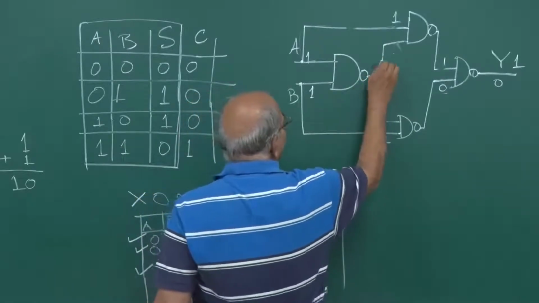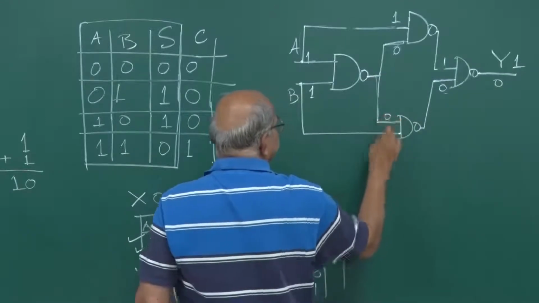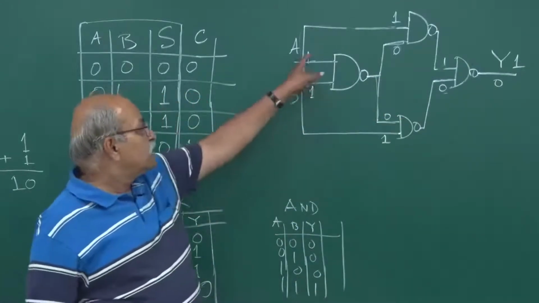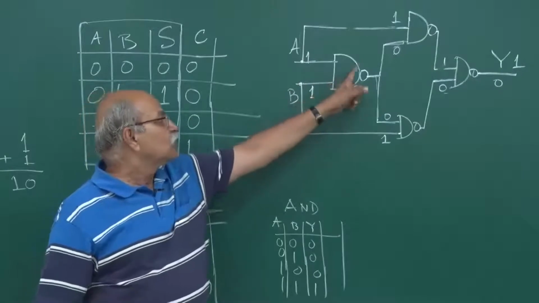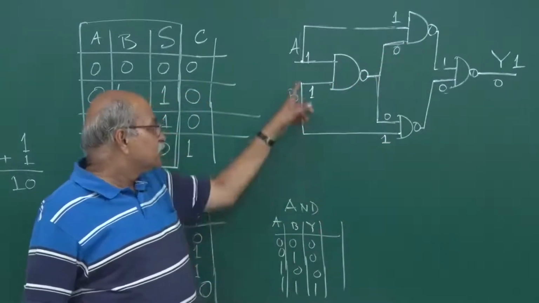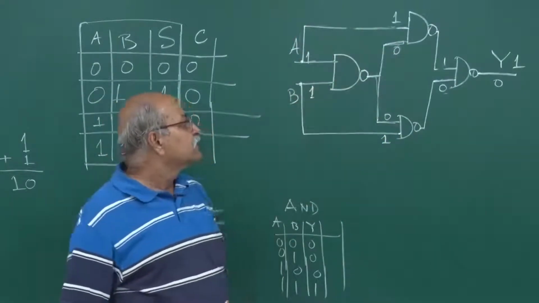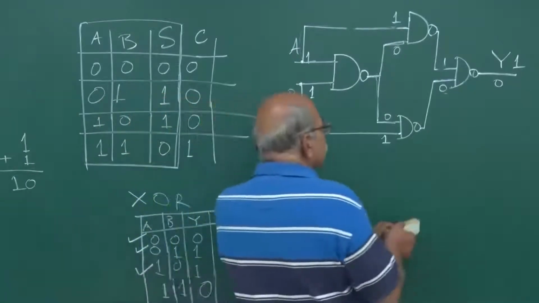So, this is 0. So, this is 0 going here and this is 0 going here. Correct? 1 and 1 gives you 1, NOT of that is 0, that 0 goes here, that 0 goes there. And this 1 is directly fed here, this 1 is directly fed here. So, what is 1 and 0?